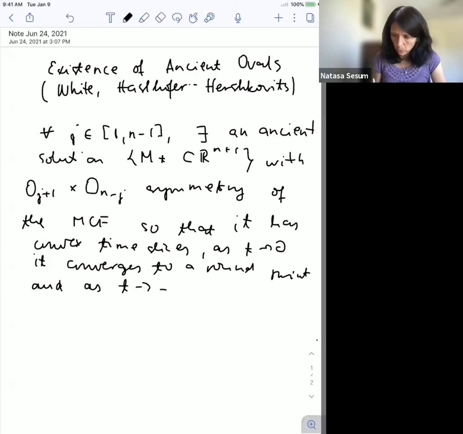As t approaches negative infinity, we can see something which is called the asymptotic shrinker.